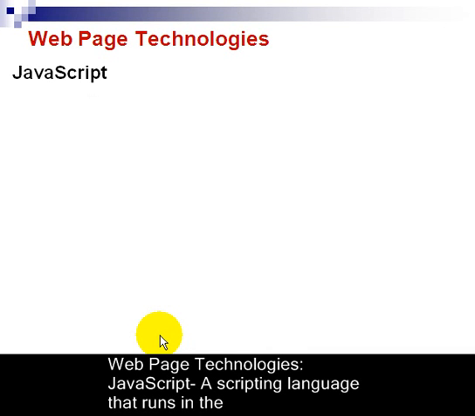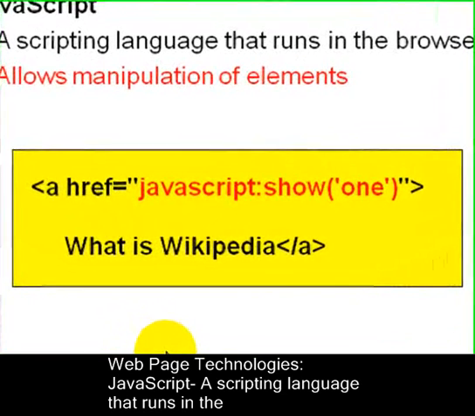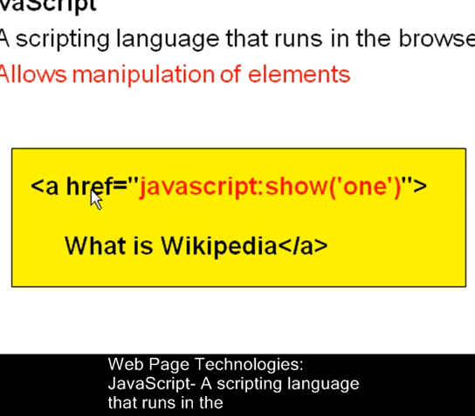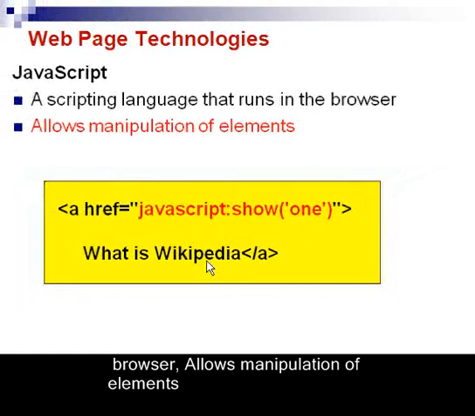JavaScript really added a lot of interactivity. It is a language that runs in the browser, not the server, and it allows us to manipulate the elements on the web page. For example, in this link, this is an HTML tag, we can call a JavaScript function, which is not shown here, that will do something on the web page when we click on this link.